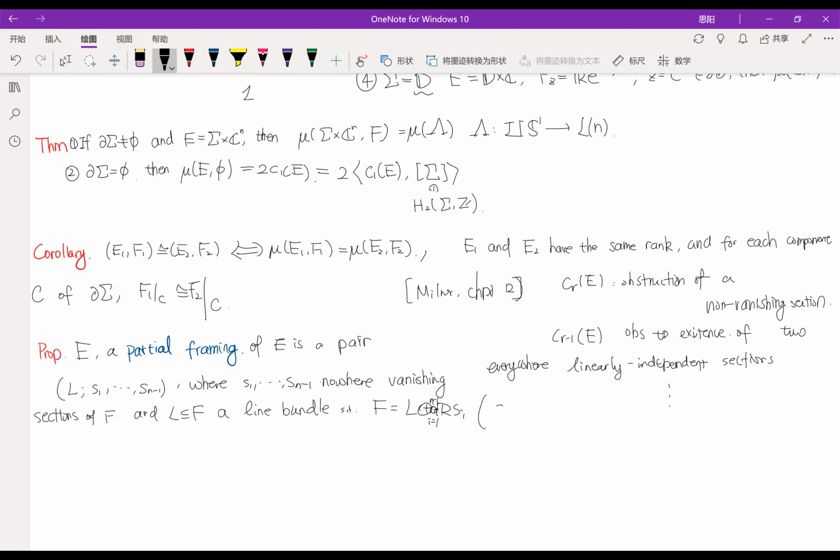So we know that E will be the complexification of L direct sum with all the complexifications of these trivial line bundles.